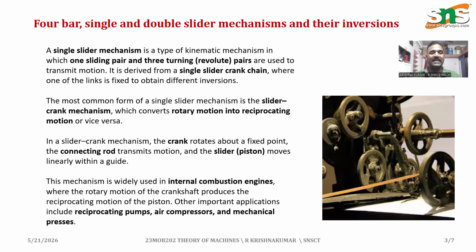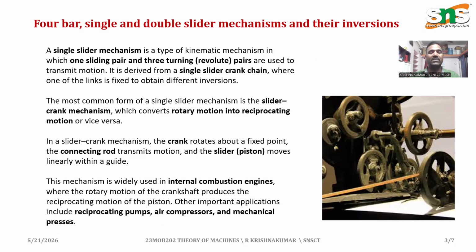A single slider mechanism is a type of kinematic mechanism in which one sliding pair and three turning, that is, revolute pairs, are used to transmit motion. It is derived from a single slider crank chain where one of the links is fixed to obtain different inversions.